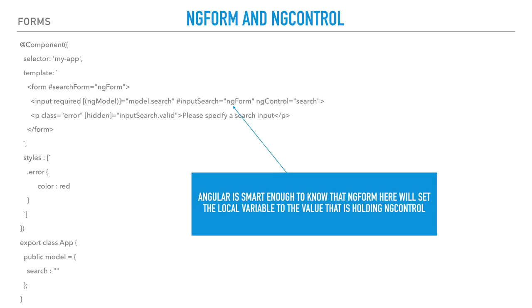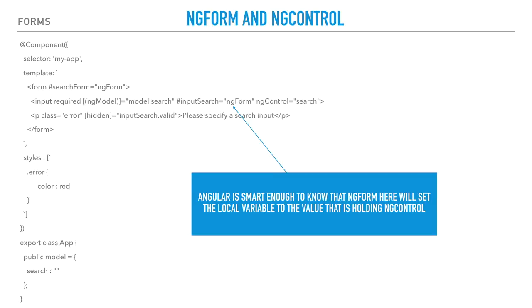This is, in my opinion, the most confusing part of using forms, because you are assigning ngForm to an input search, and this is weird, right? But in the documentation, Angular explains that the framework is smart enough to know, okay, we are in an input, we know that the control in this case is search, and the model that we are tracking is model.search.